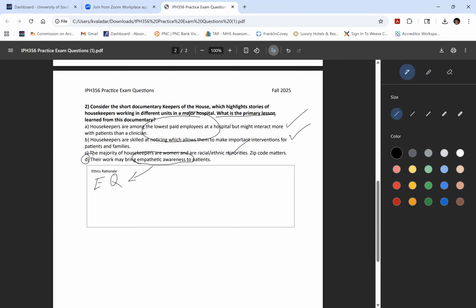What does this mean? Well, empathy is listening, really good listening. You might say more than that, but you could also bring up the emotional intelligence stuff. So you're bringing in stuff that we've talked about. And an example, you can use an example from Keepers of the House. My favorite examples all are about food.